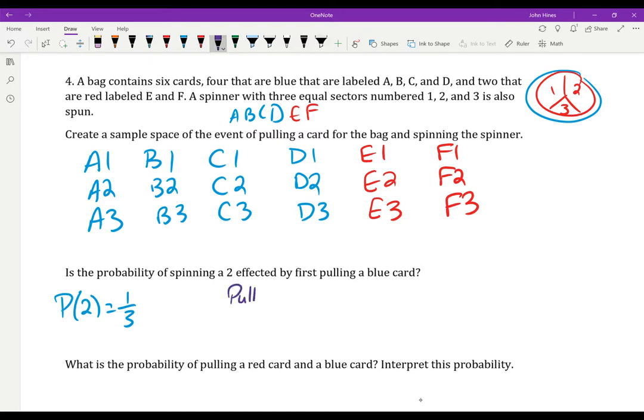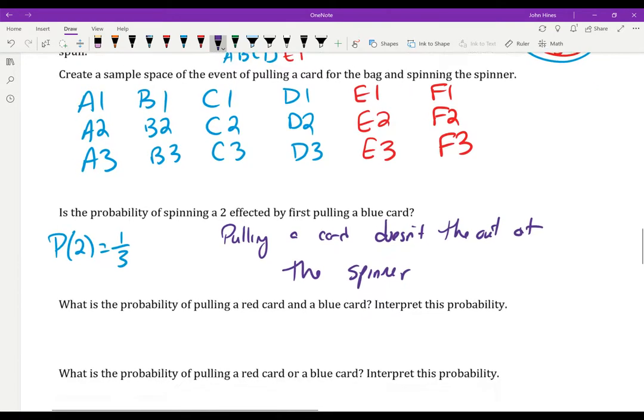Pulling a card doesn't affect the outcome of the spinner. It's common sense. I picked a card. Why is that going to change the probability of me getting the spinner here? It doesn't affect the outcome at all.